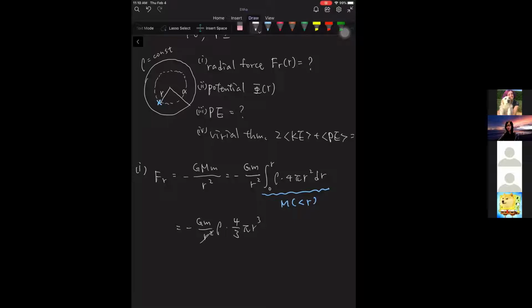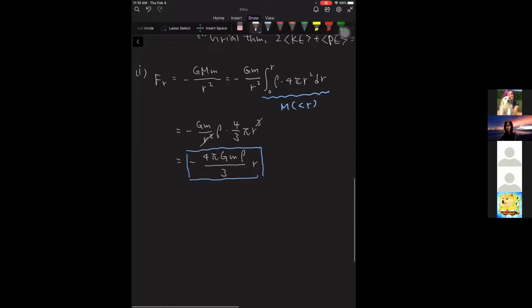Now we can cancel out the r, leaving 1 over r, and get negative 4 pi G m rho over 3 r. Okay, this is the force.